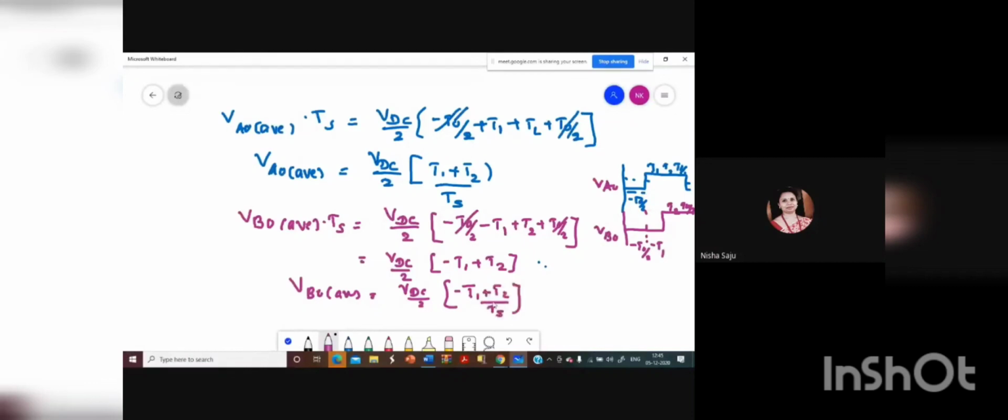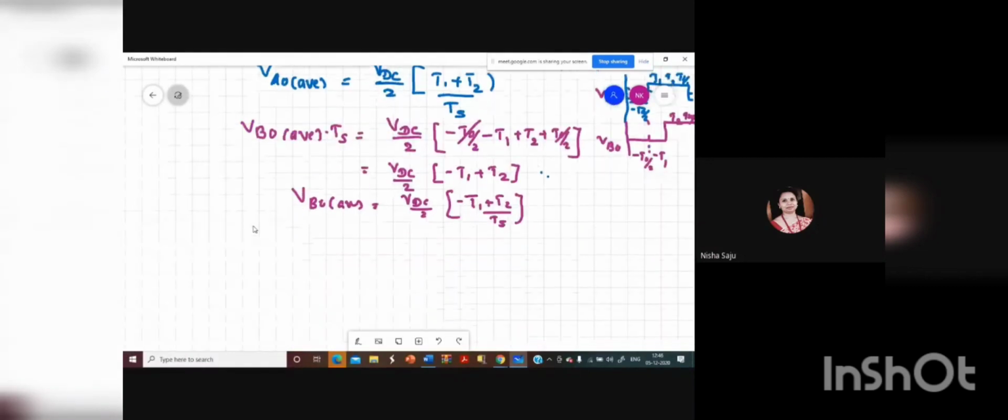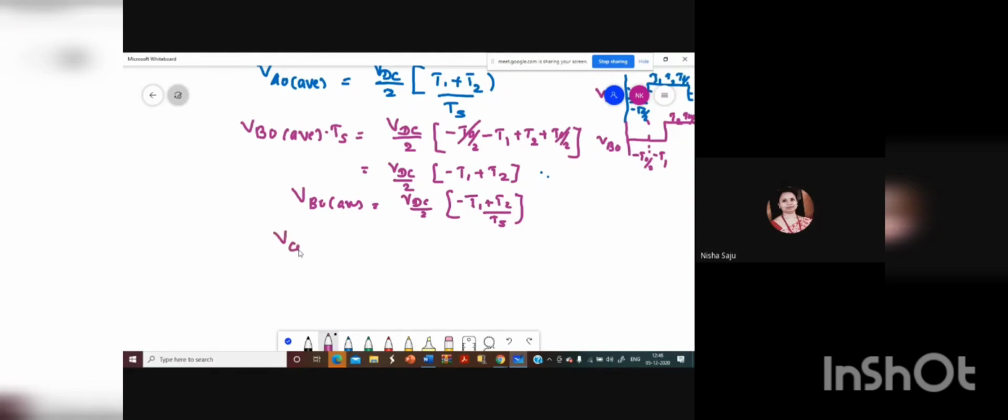Similarly, you can write VC0 average. How do you get this VC0 average? You can look into the waveforms. VC0 average into TS will be equal to simply 111 and 111, right? So three factors will be there: minus T0 by 2, minus T1, minus T2.